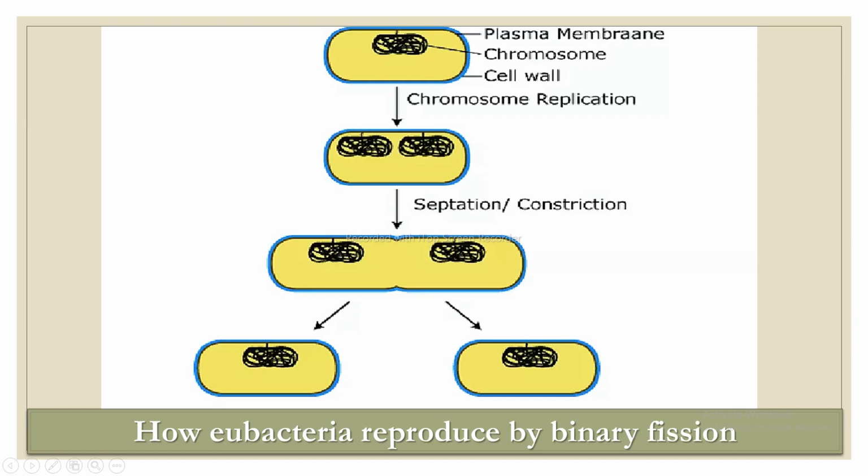After chromosomal replication, there is a step of septation or constriction. And after septation and constriction, the cell is divided into two daughter cells as shown in the figure. So you can easily see how eubacteria reproduce by binary fission in this figure.